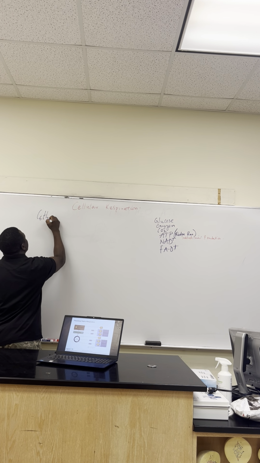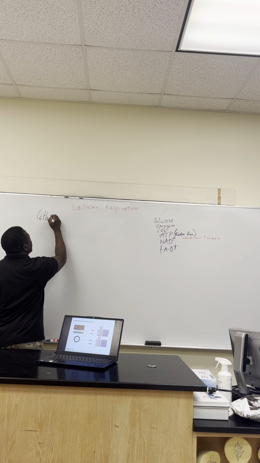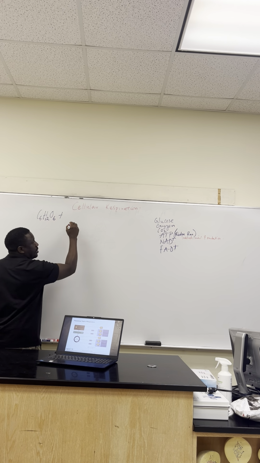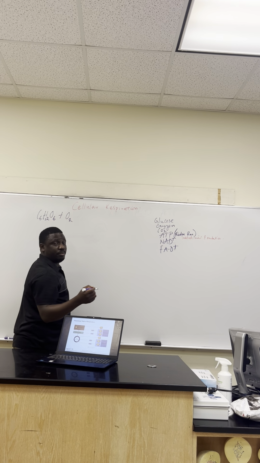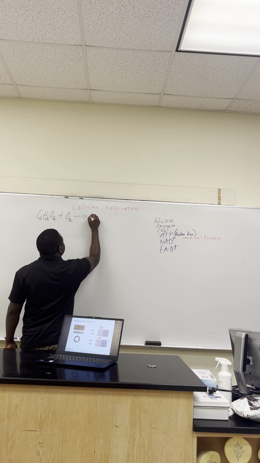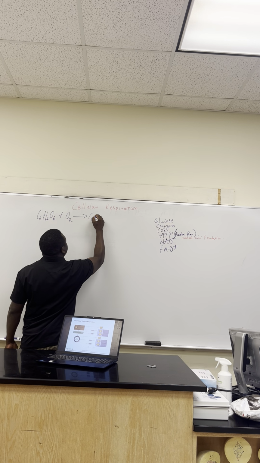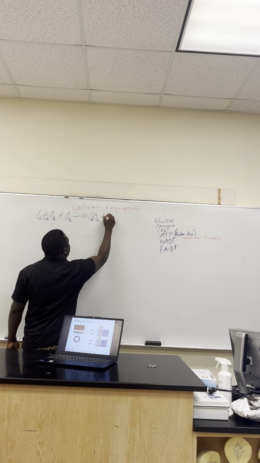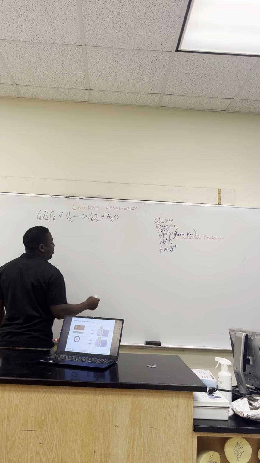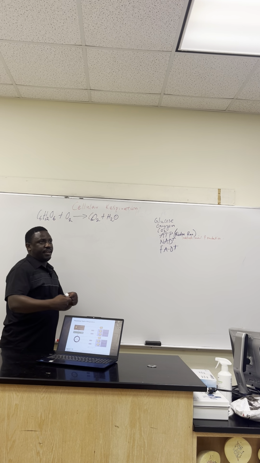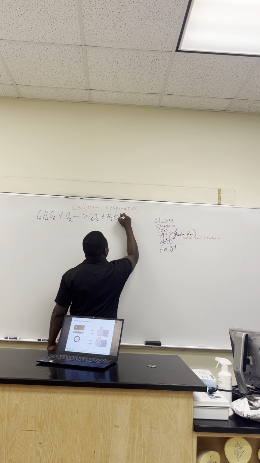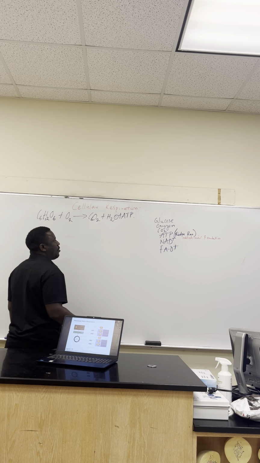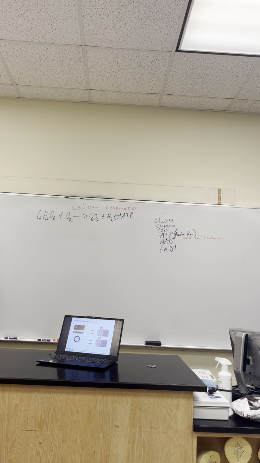Like I said, glucose is C6H12O6, and this process utilizes oxygen, just like your regular combustion, to produce carbon dioxide, CO2, and water. Now, in that process, like I said, energy is being extracted. So you have ATP, adenosine triphosphate, being produced.